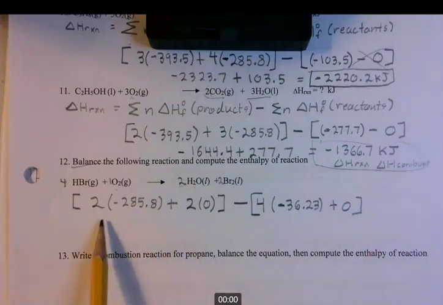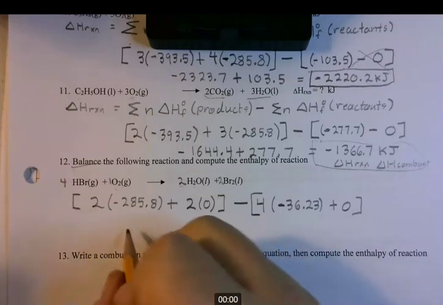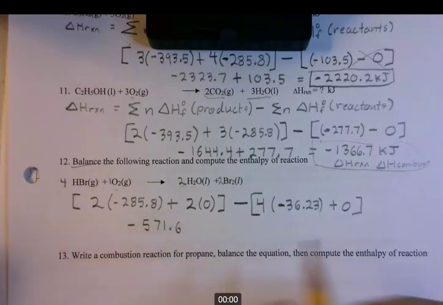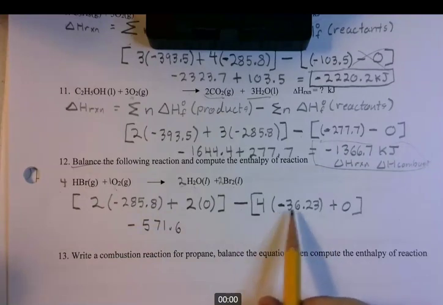Okay, and so now we got 2 times negative 285.8, and that's going to give us negative 571.6, and then it's minus a negative here. So let's go ahead and write that number down. It's negative 36.23 times 4.